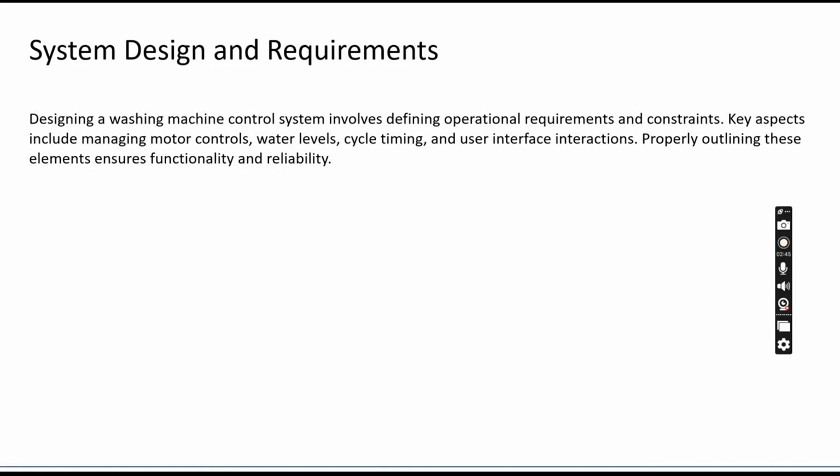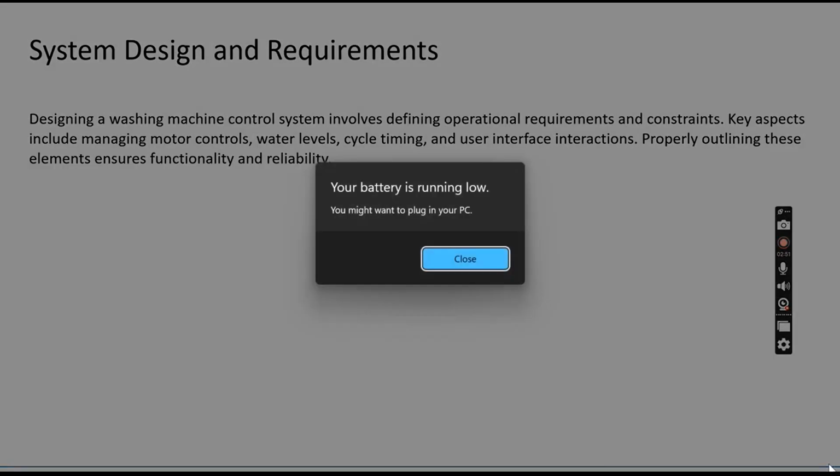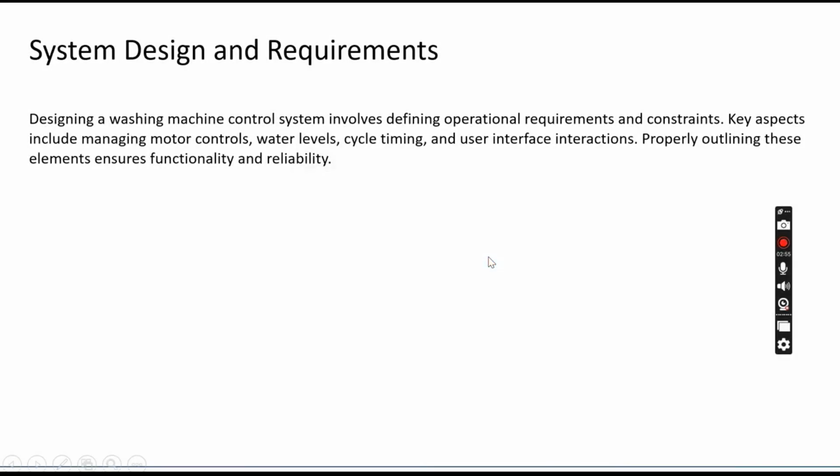A washing machine is a perfect example of an embedded system. The PIC16F877 microcontroller reads inputs from sensors like water level or temperature and user inputs from buttons to select the wash cycle.